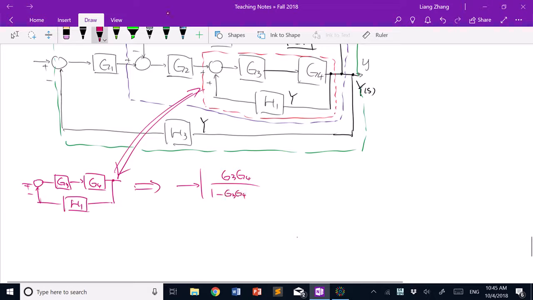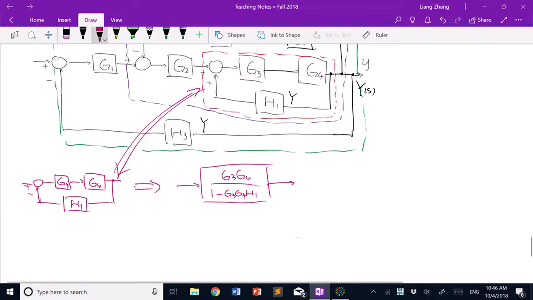Now, what's the transfer function of this? This is what we have done earlier, right? This transfer function is equivalent to direct path G3, G4, over 1 plus G4, H1.